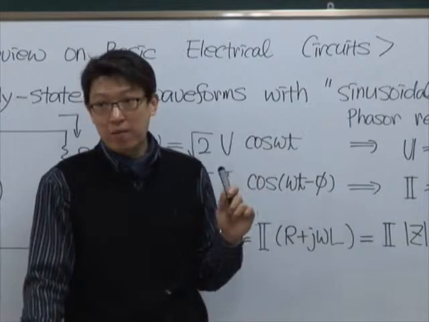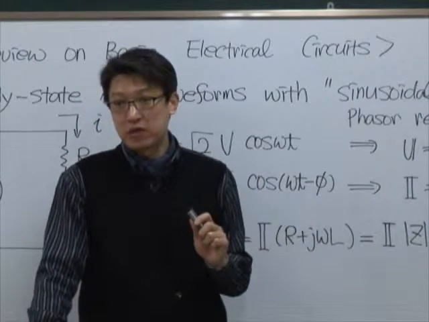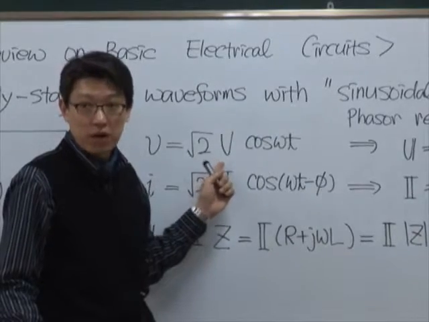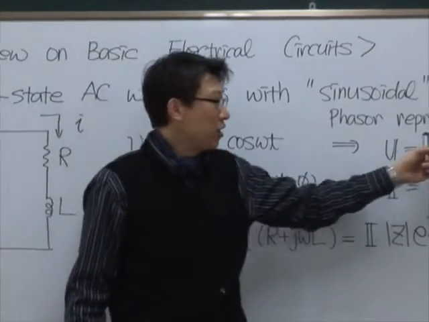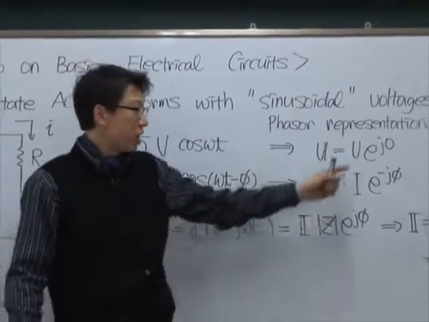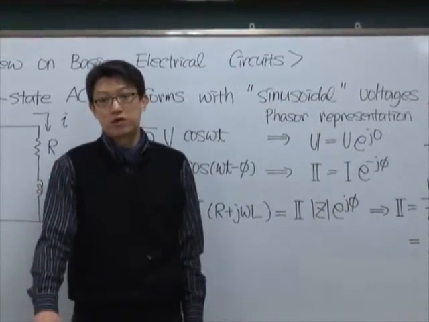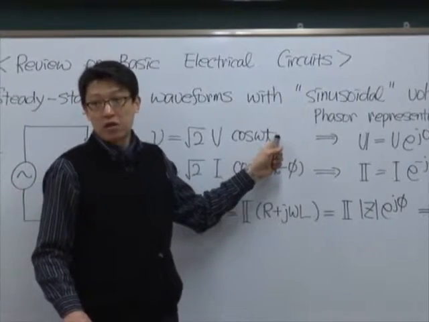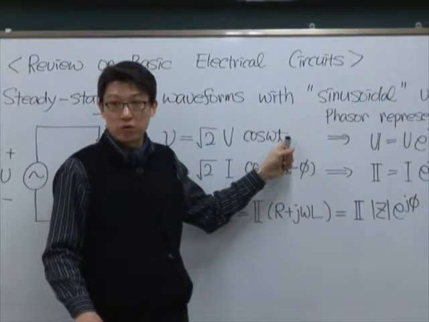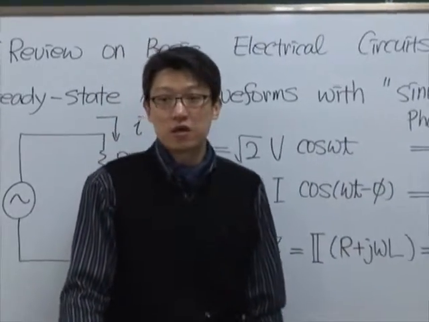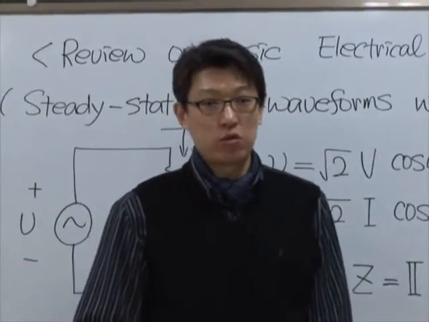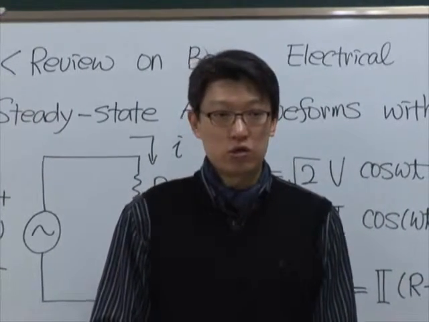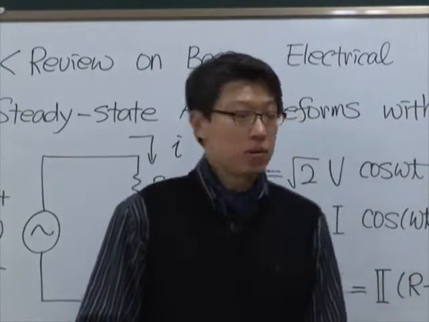The amplitude is defined to be the same as the RMS, not the peak, but the RMS. And this angle is defined to be the same as the phase angle of the cosine function, which is 0. So this is like a definition of the complex quantity, the so-called phasor. This is our promise. It's a definition, a mapping.